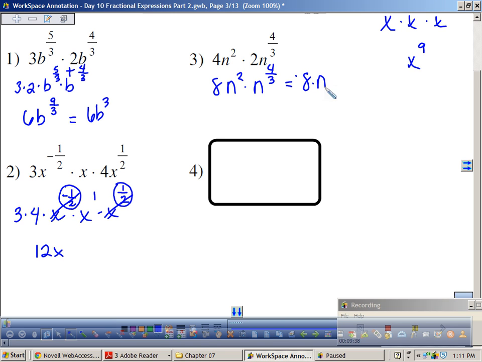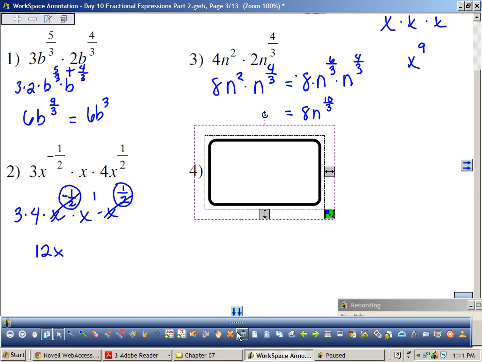So 8 times n to the 6/3 times n to the 4/3. Everybody understand that so far? So now I have 8 to the n. 6 plus 4 is 10/3.